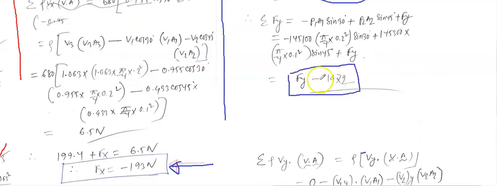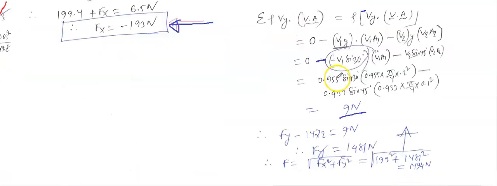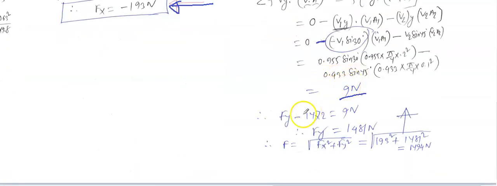So that means we got the net force along y direction is Fy minus this, and I got this as 9 Newton. So this equal this, calculated, you get Fy equal 1481 Newton. This is positive, that means it is the positive y direction.